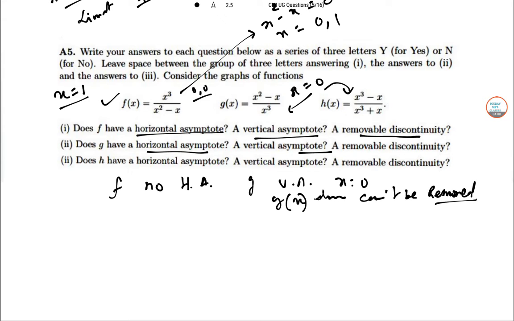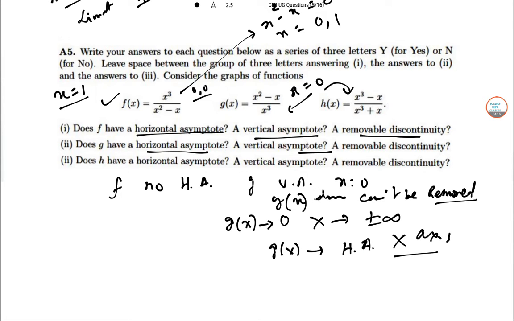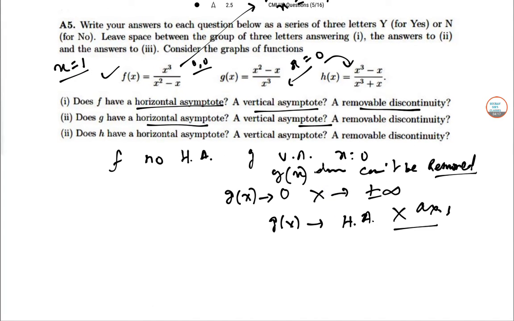Okay, so gx approaches 0 as x tends to plus or minus infinity. So gx has x axis as the horizontal asymptote. So this part is done. So hx, if we see, has a removable discontinuity at 0 and minus 1.